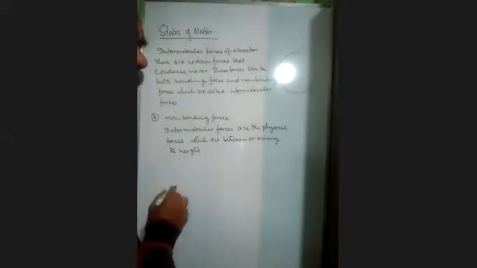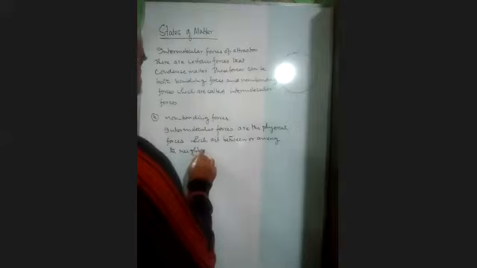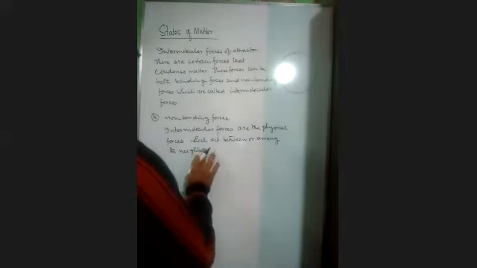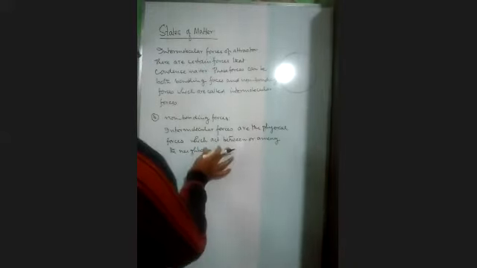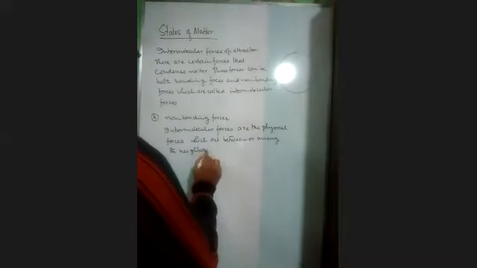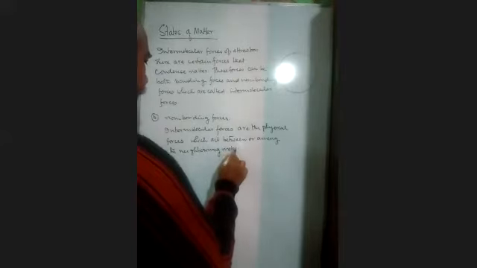What is the spelling of neighbor? N-E-I-G-H-B-O-U-R. BOR. Huh? Sir, BOUR. So my initial was correct only. Neighboring molecules.